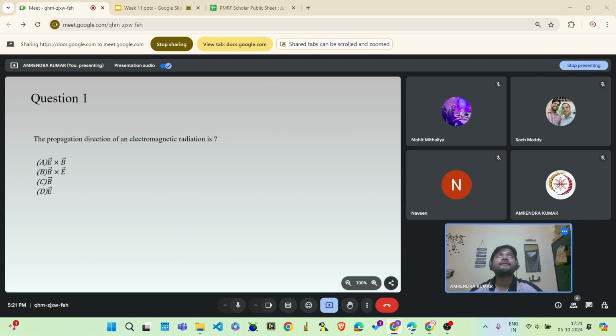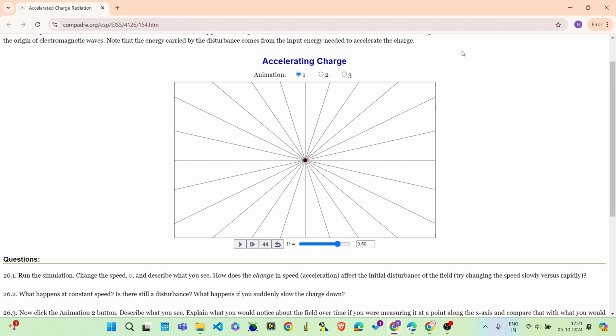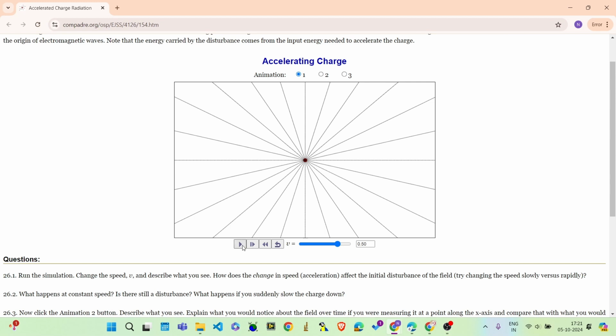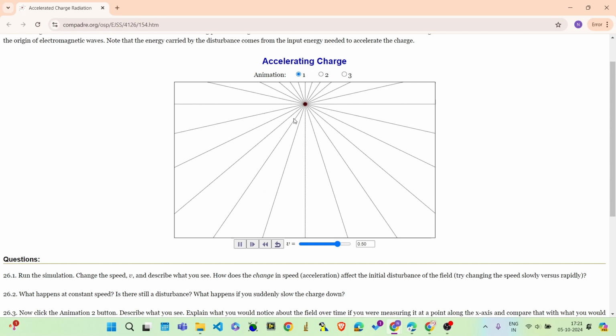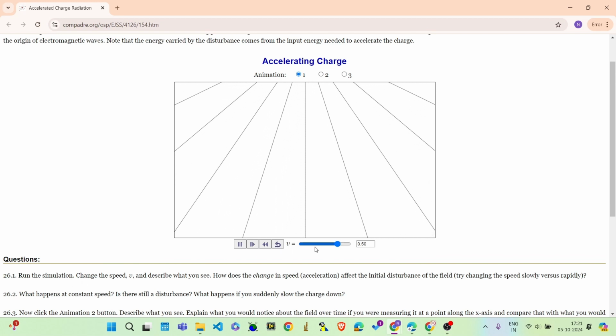Okay, so I will share something here on my screen. If you can see, here is the site, you can just play around with this. So here you see a charge is moving at this constant speed.